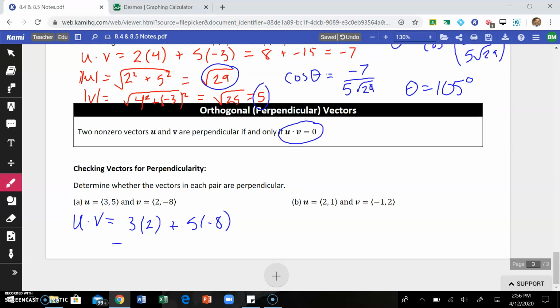This very clearly will not give us 0. We get negative 34. So these are not perpendicular. I think that if you look at the vectors here and you try that yourself, you're going to see that the dot product on B is going to give you 0, and therefore it's going to be perpendicular between vectors u and v for question B.